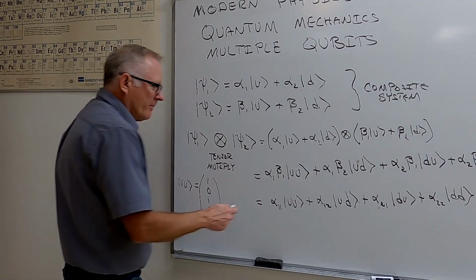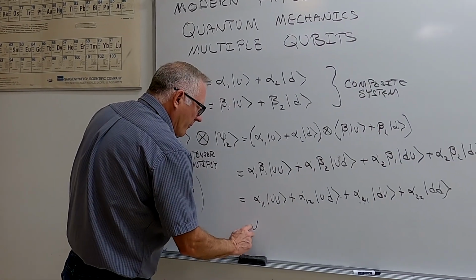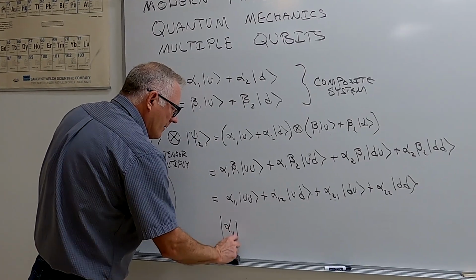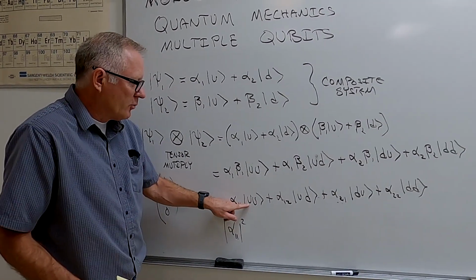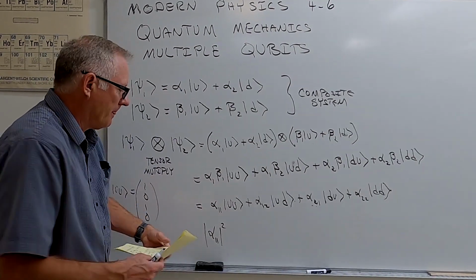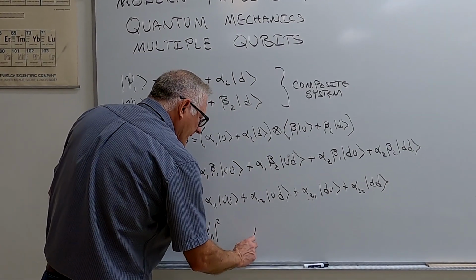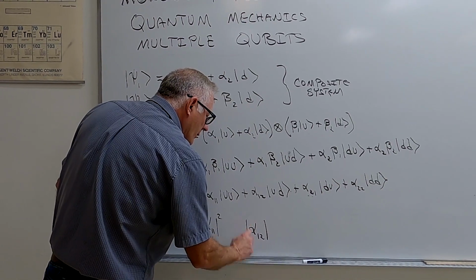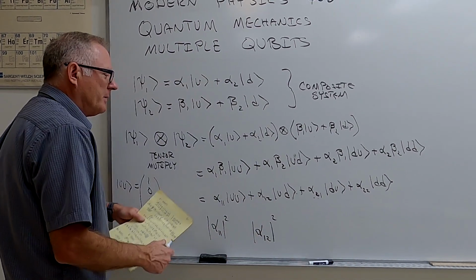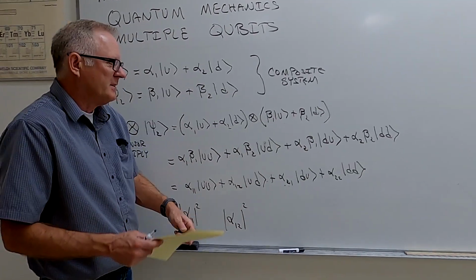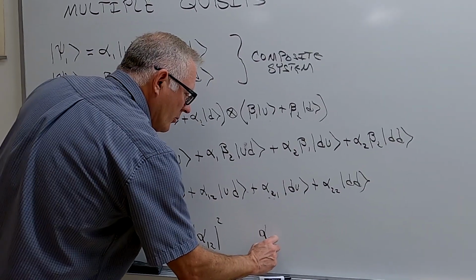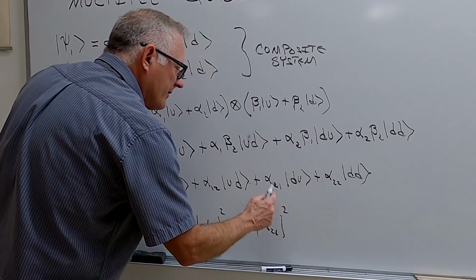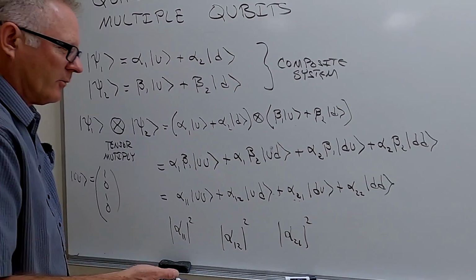Also, remember, alpha 1,1 squared is the probability that the first one is up and the second one is up. Alpha 1,2 squared is the probability that the first one's up and the second one's down. Alpha 2,1 squared is the first one down, the second one up.